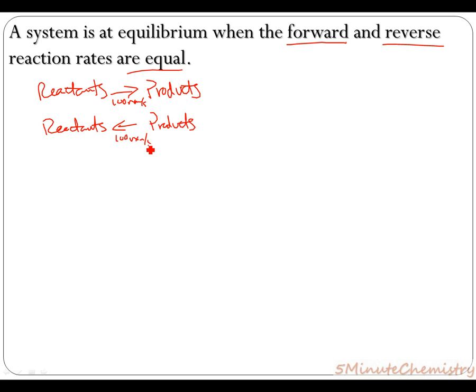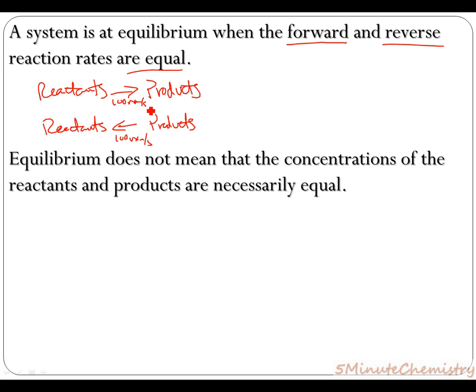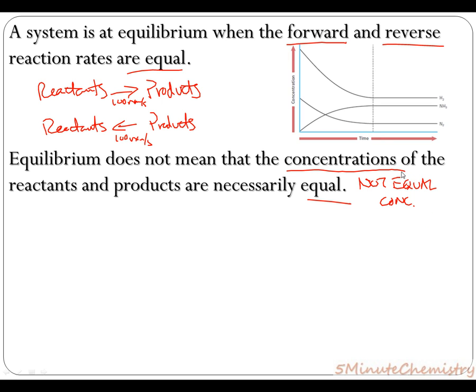So what this results in is not, and here's the thing that confuses people, concentrations being equal. They aren't necessarily equal. In fact, if you take a look at this, I've got concentration versus time for the ammonia synthesis reaction.